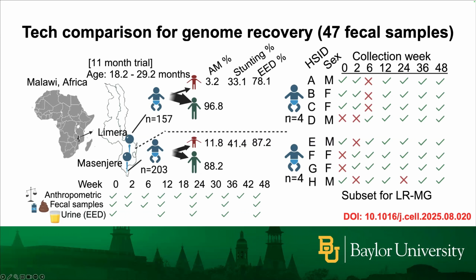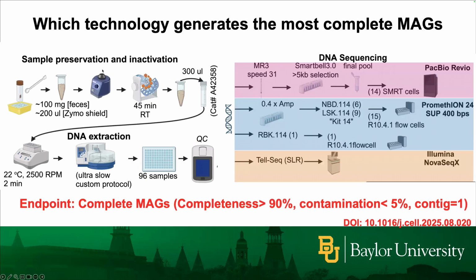But we took 4 children from each village, so the fecal samples of these participants, and looked at a total of 6 time points, or 5 time points for one of them, across this entire study design. And then we did deep sequencing on different long reads.